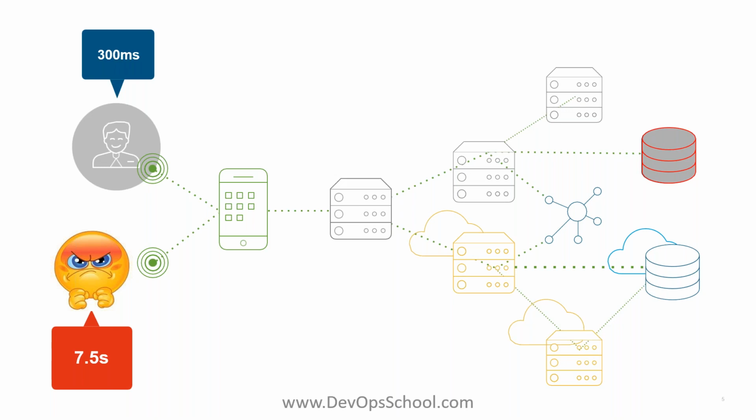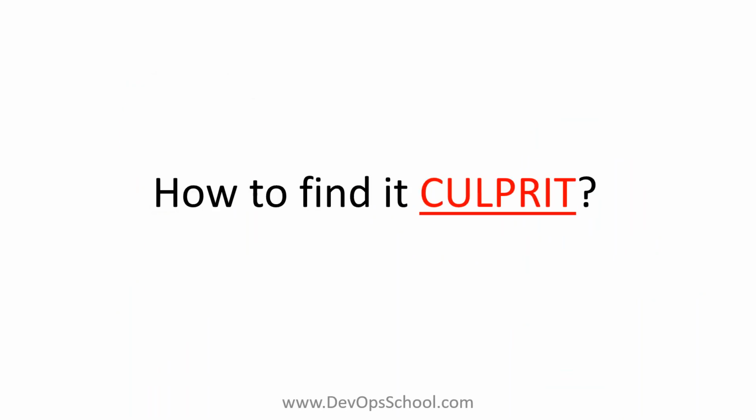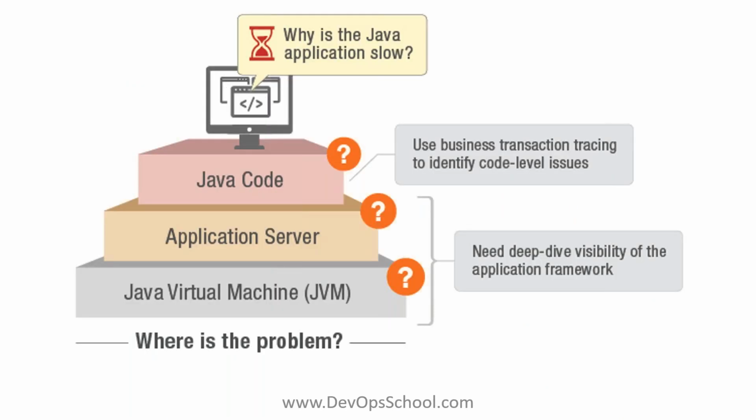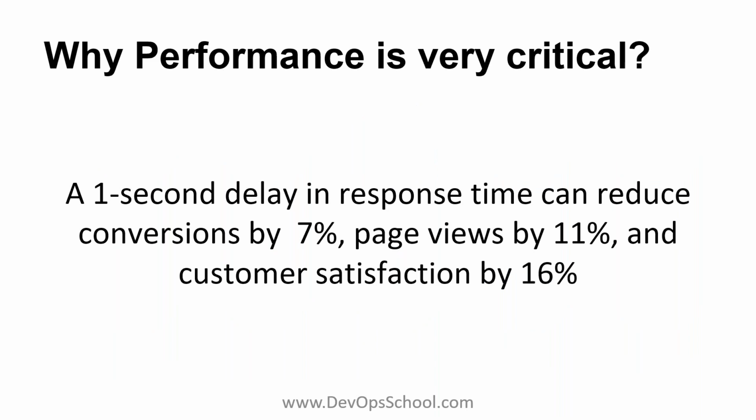This is your job to find out. So why 7.5 seconds? How to find the culprit? Java issues, application issues, runtime issues? There are lots of data sources you will have to gather and then do the fact finding. Where is the problem?